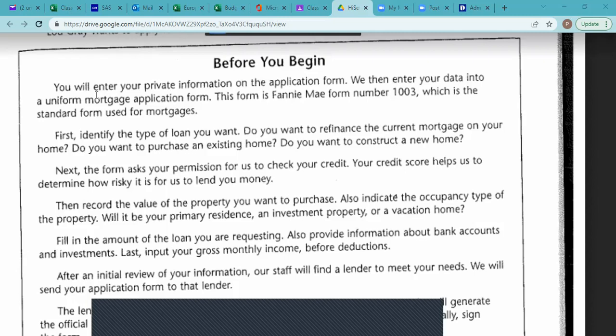All right. So if we look back at the reading where it talks about, do you want to purchase an existing home? We also mentioned, here it is right here. Do you want to construct a new home? So we know that existing does not mean a new home, constructing a new home. We know that that's not it, because otherwise, why would they ask you right after that if you want to construct a new home?